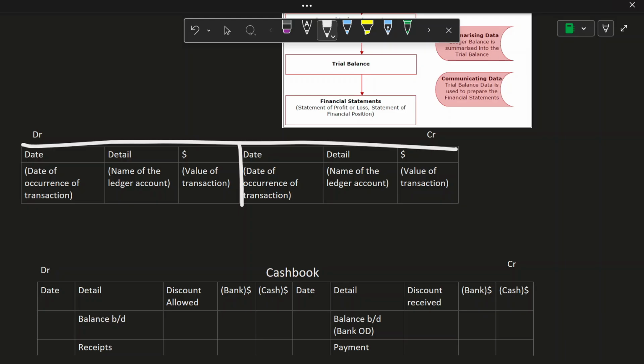This means that, for example, a transaction occurs where a customer paid us by cash. Okay? Now, assuming this is our customer account, we're going to enter a cash account here. So this will be our cash account. Okay. And then we have the value of a transaction, which is basically the amount we will have received, in difference.